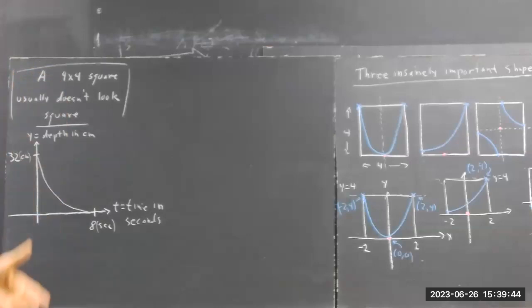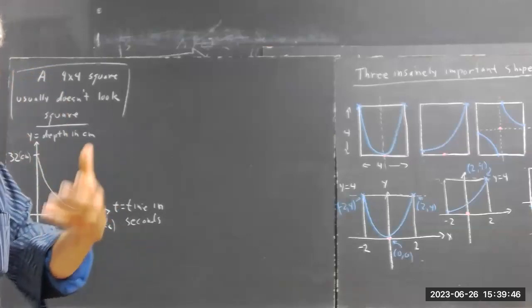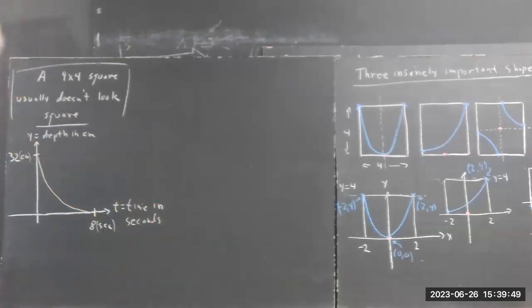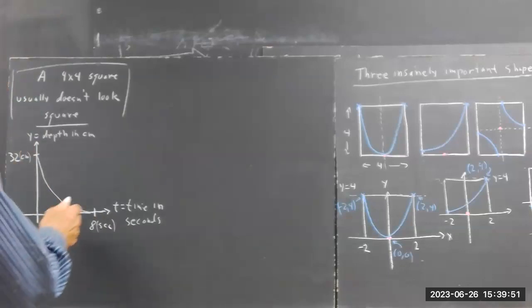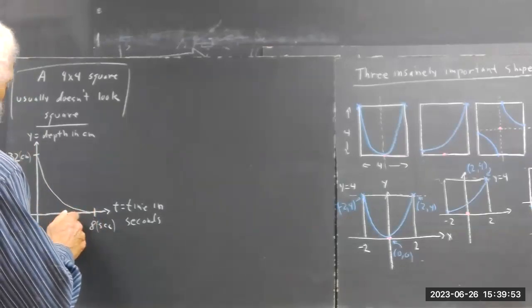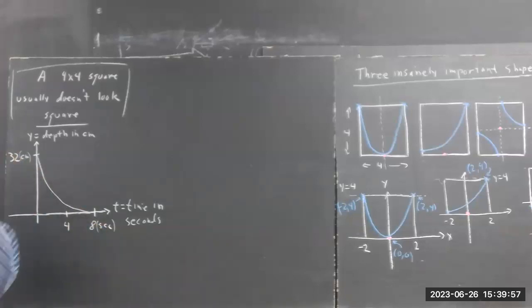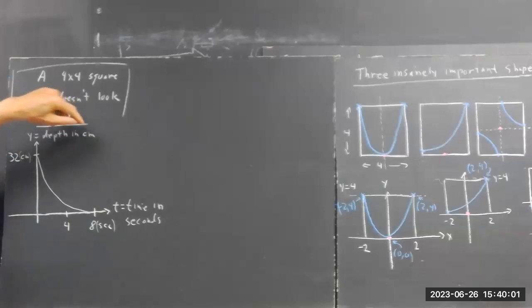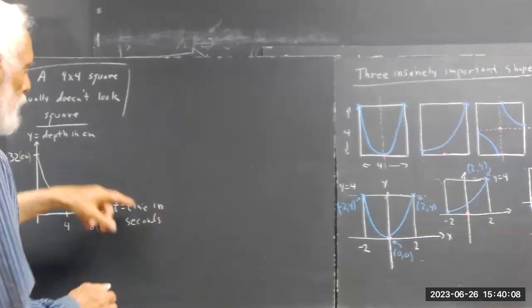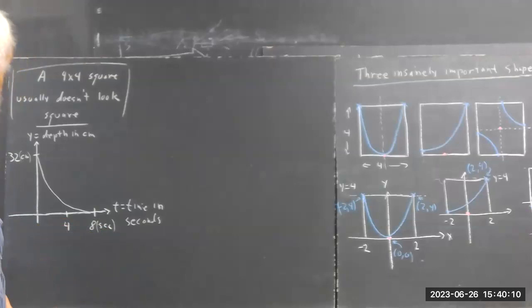So what does our standard 4x4 square for a toolkit function look like? Okay, well, we divide the 8 seconds in half, and we get 4 seconds. Now I've got the seconds marked here and the centimeters marked here just to emphasize. Since I wrote y equals depth in centimeters, I really shouldn't even have the centimeters there. We understand that this would be 32 centimeters. And since t is time given in seconds, I don't really need to put the seconds there.